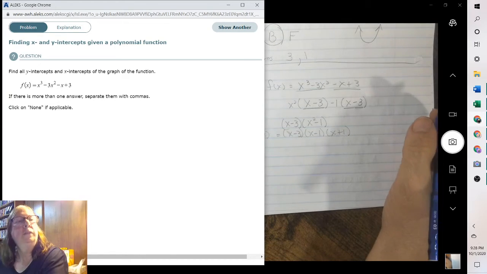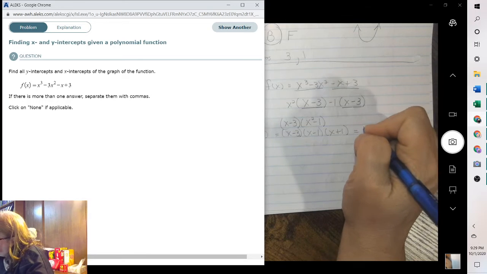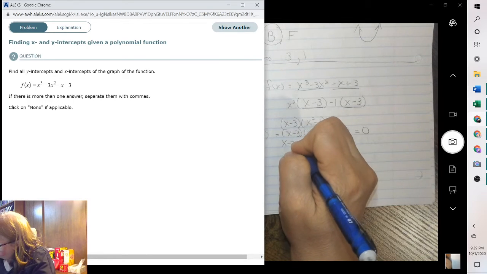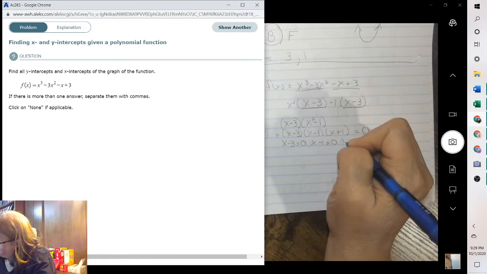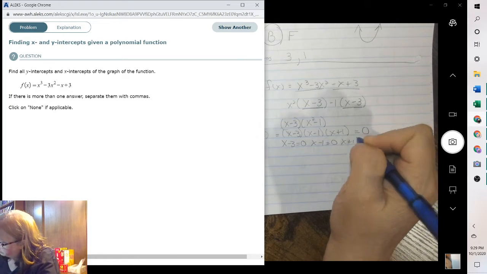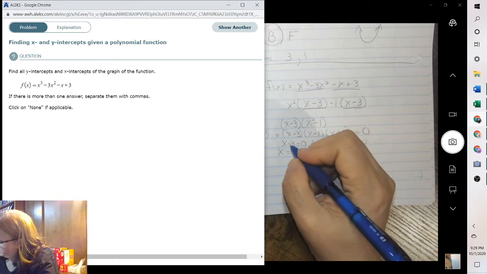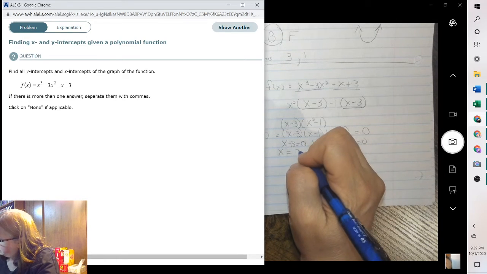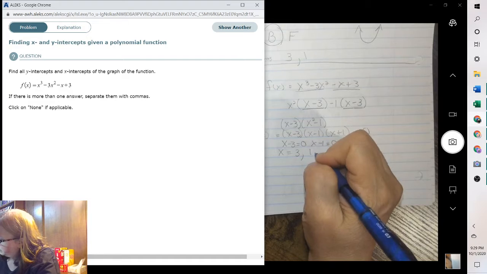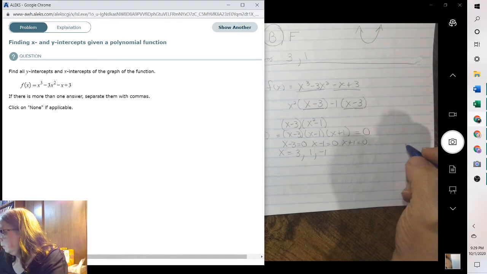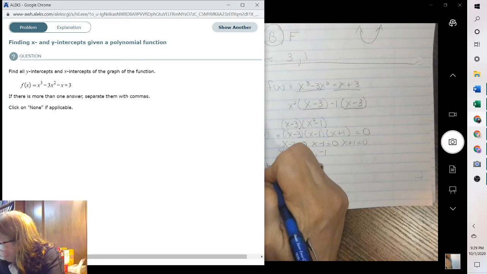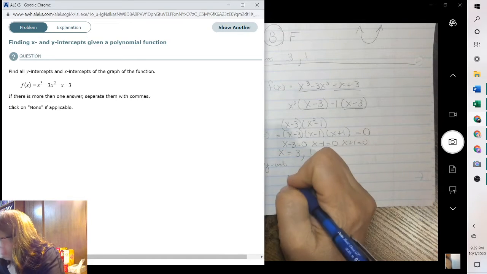So then to find your x-intercepts, you set those equal to 0. So we get, adding that over, a 3, a +1, and a -1 for our x-intercepts. The y-intercept, you let x be 0.